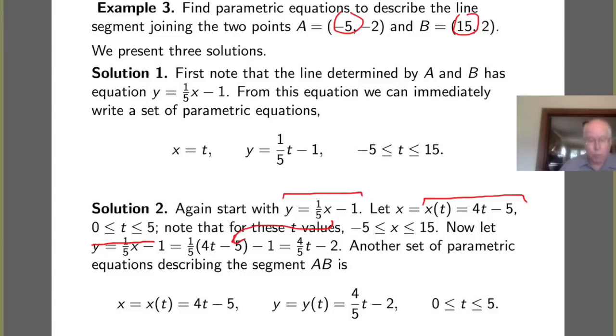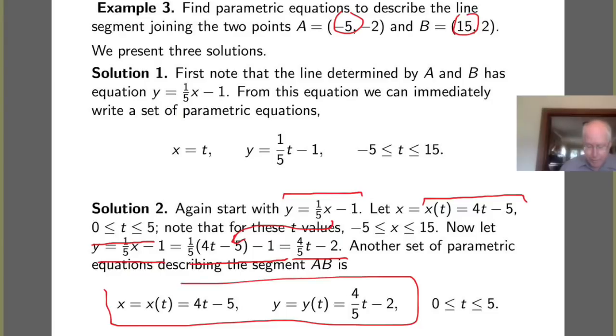And y becomes 1/5 x minus 1, or 1/5 quantity 4t minus 5 minus 1, which gives us 4/5 t minus 2. So here's another set of parametric equations that describe the line segment AB. And again, in this case, the t interval is from 0 to 5.